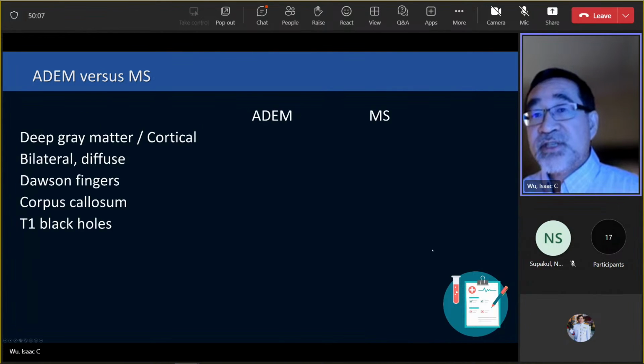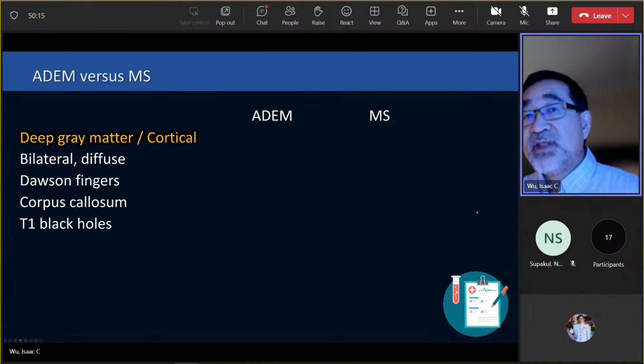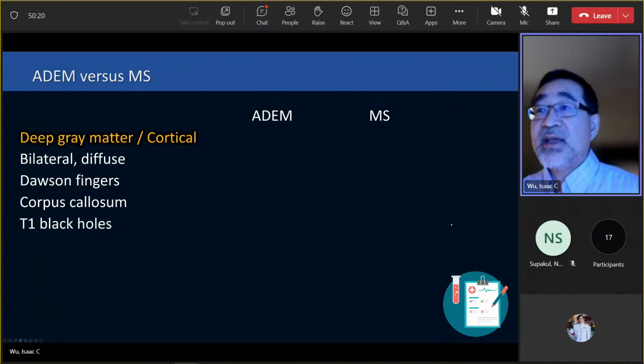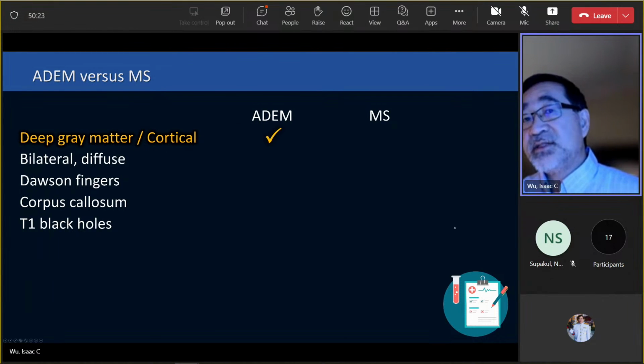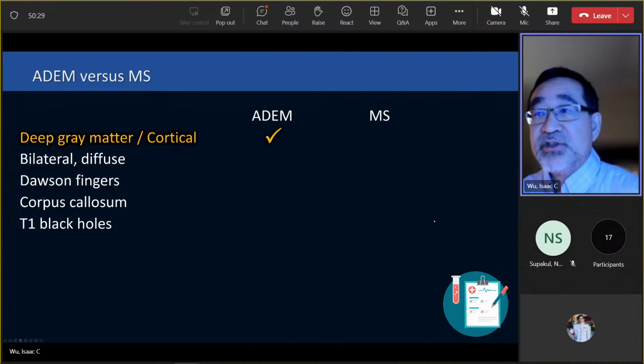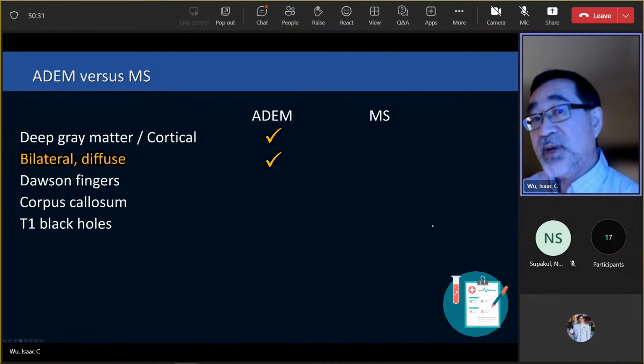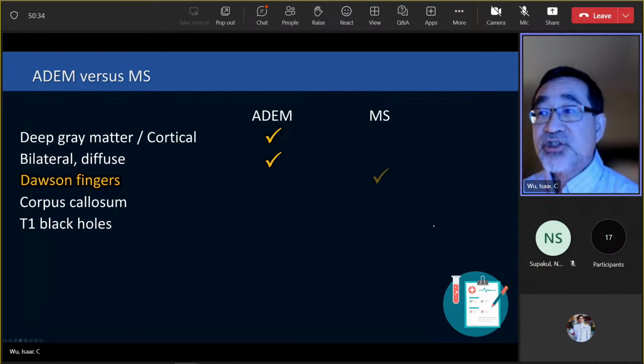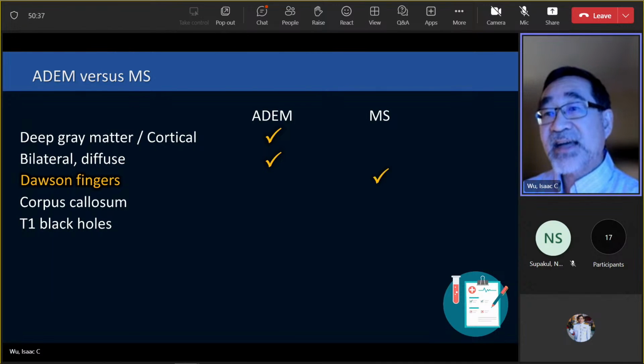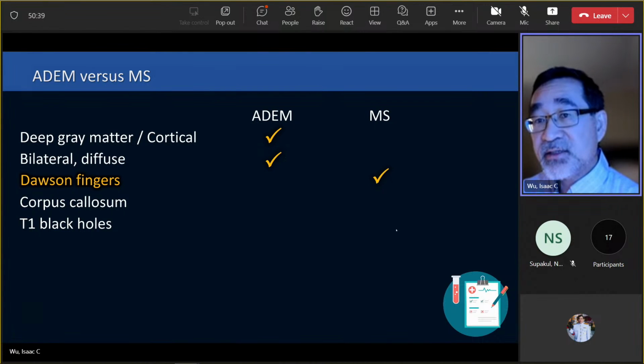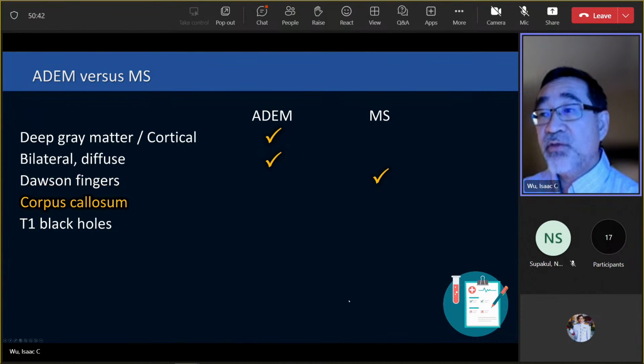But if you want to generalize, especially for those studying for board exam, if I see multiple lesions that involve the deep gray, cortex, cortical involvement, basal ganglia, I think ADEM over MS. If it's a bilateral, more diffuse process and often asymmetric, I think about ADEM more so than MS. If you see the Dawson finger configuration, the one that's perpendicular to the axis of the lateral ventricle, that's MS. If you see more corpus callosum involvement, for some reason ADEM does not like to go to the corpus callosum.